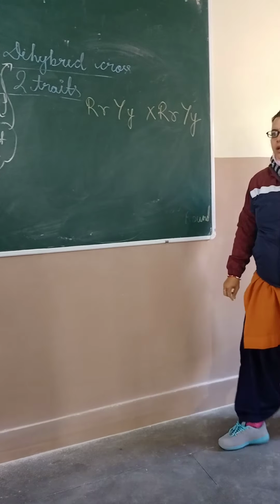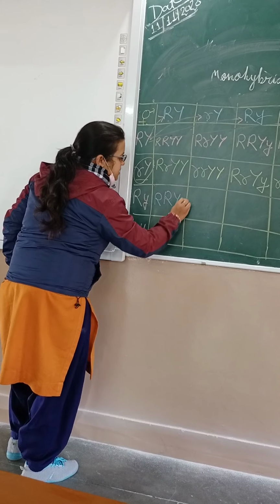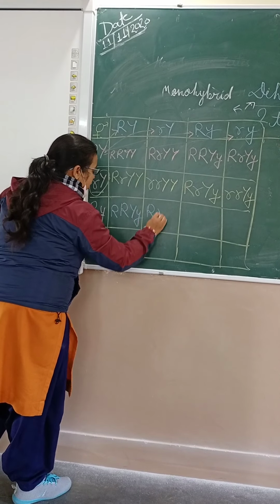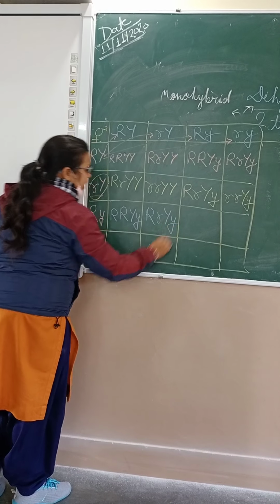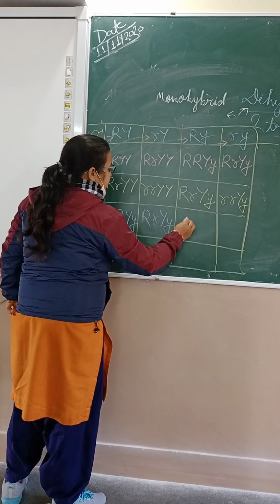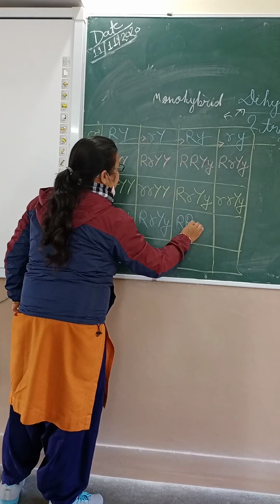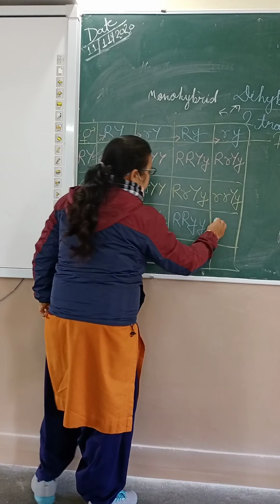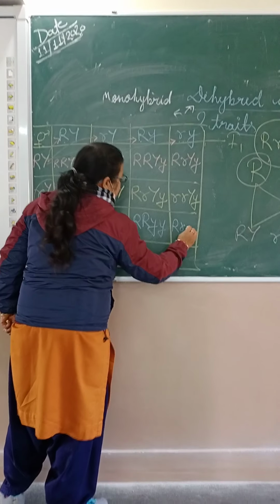Now you know how to make it. Yes. So in the third box, what will come? Capital R, capital Y, small y. In the second box, capital R, capital Y, small y. In the third box, capital R, small y, and that box, capital R, small y, small y.